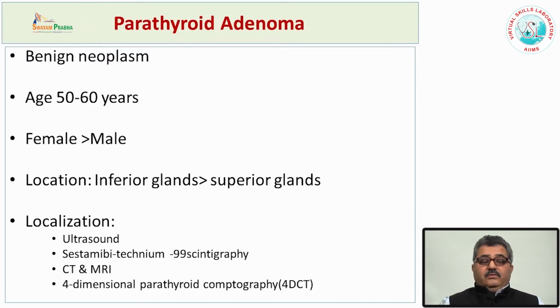Now, parathyroid adenomas, as I told, are the most common cause. Most of the patients are between 50 and 60 years. Females are more commonly affected than males, and mostly they are located in the inferior glands as compared to the superior glands. Nowadays, radiology has become very important in the localization of these parathyroid glands, as this localization is needed for surgery.